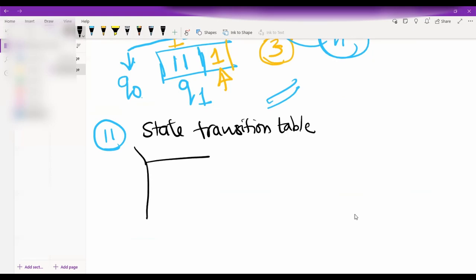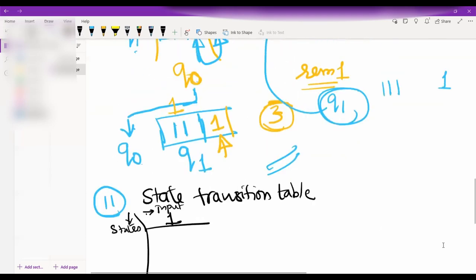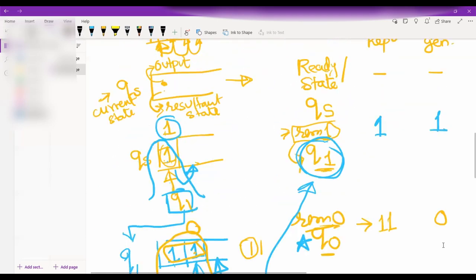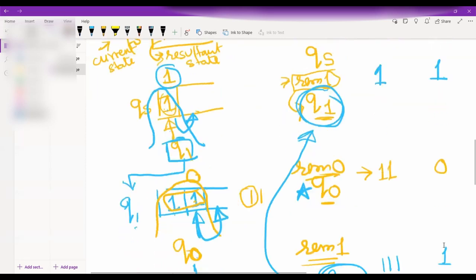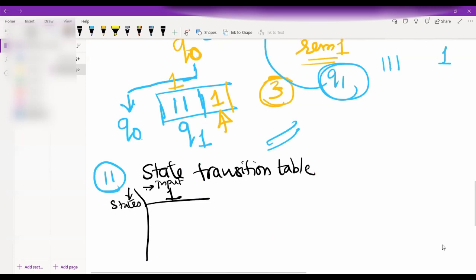Here we are going to write the inputs. What kind of input have we considered? The input bit 1. On this side, we are going to write the states. We started with the state QS, so I will take that state QS first.